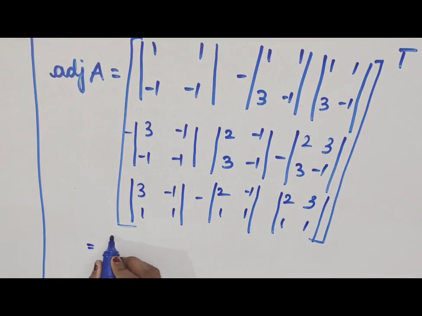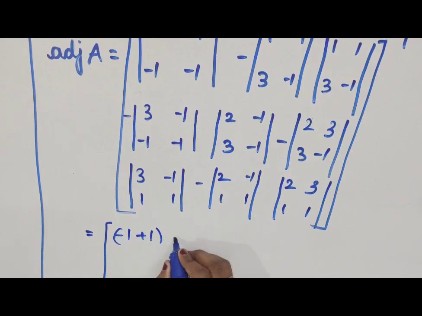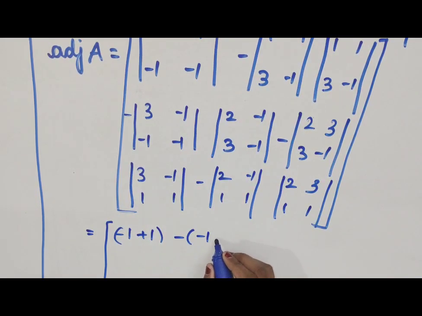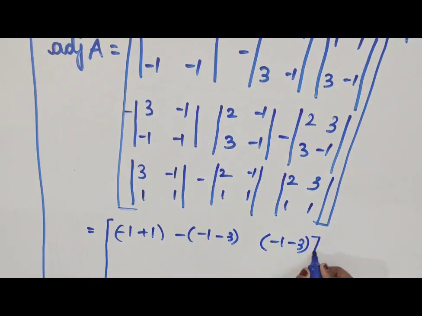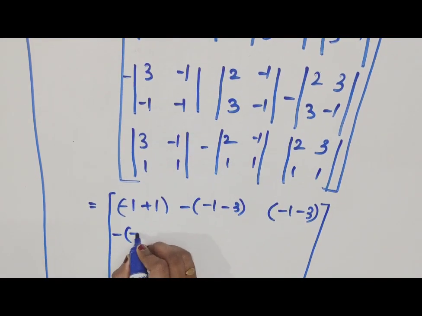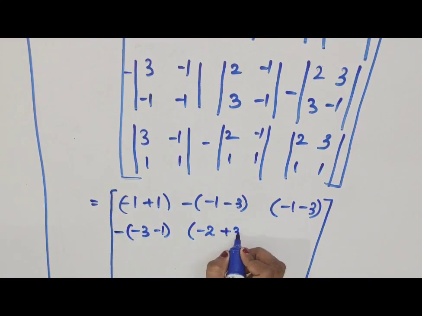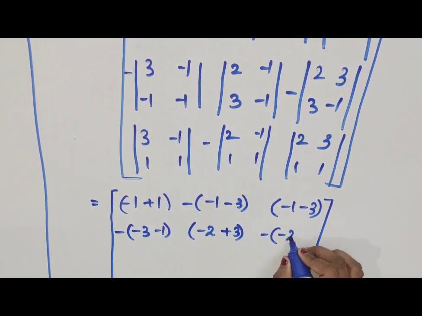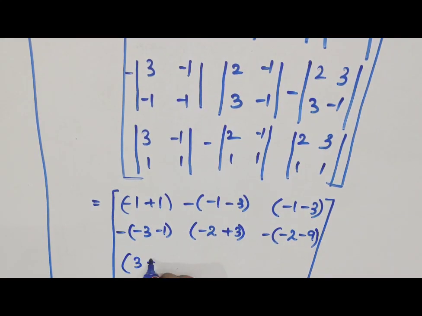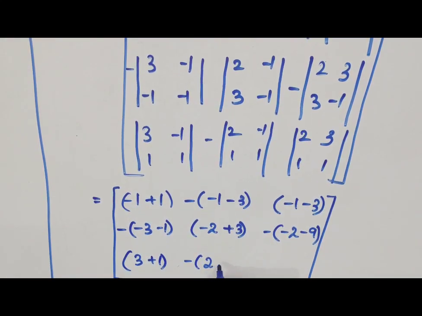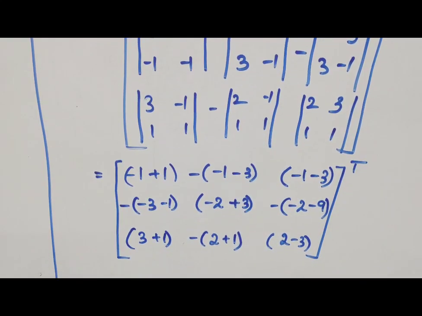So we will simplify this. Minus 1 plus 1, minus into minus 1 minus 3, minus 1 minus 3, minus into minus 3 minus 1, minus 2 plus 3, minus 2 minus 9, 3 plus 1, 2 plus 1, 2 minus 3, and finally we have to take the transpose.